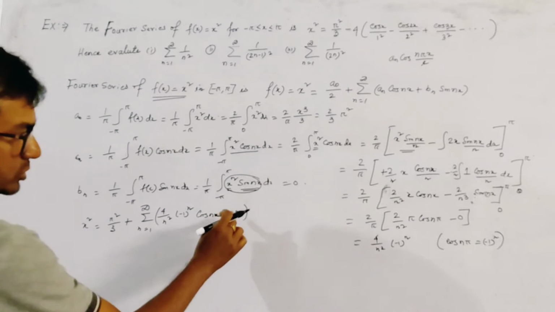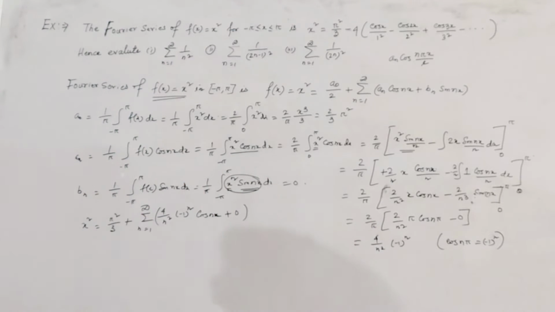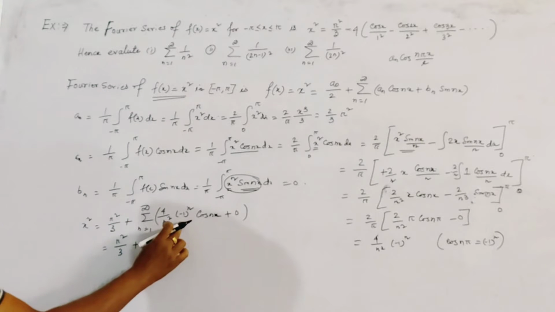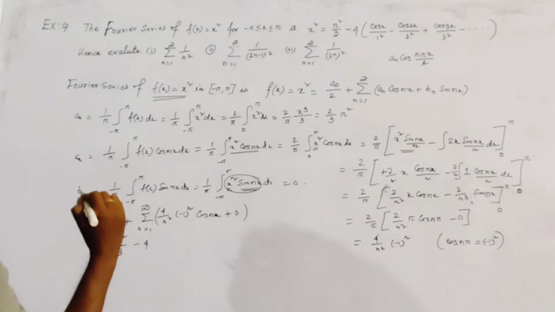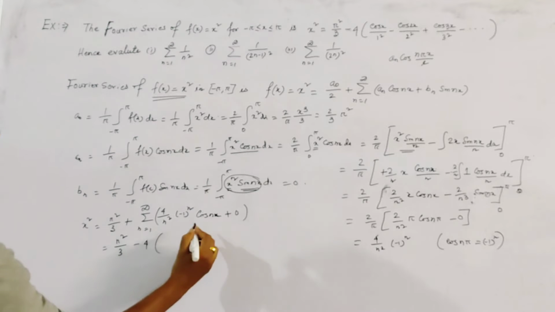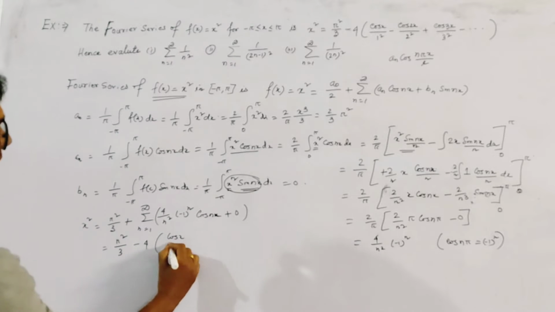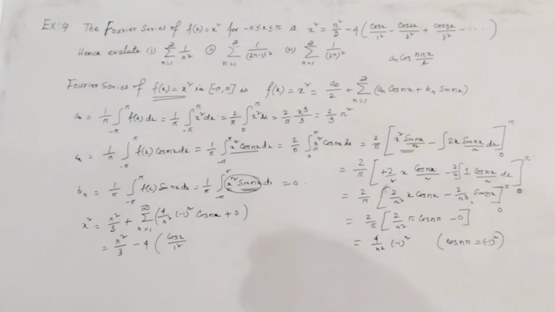because b_n is 0 for all values of n, and this is written as pi square by 3 plus, if we put the value of n equal to 1 first, then we get a minus, so we first write a minus and take common 4, and this is cos x by 1 square.